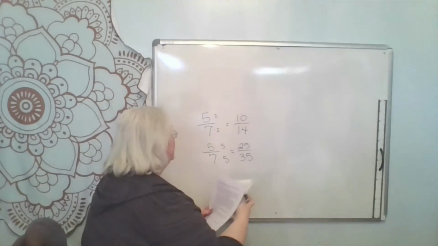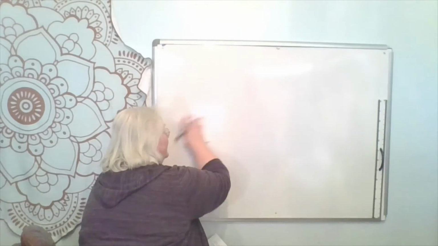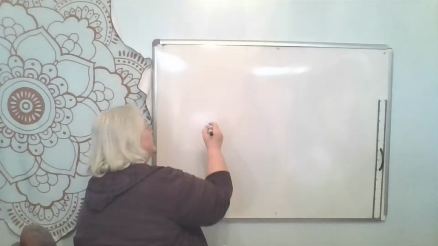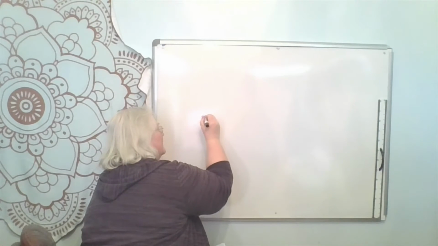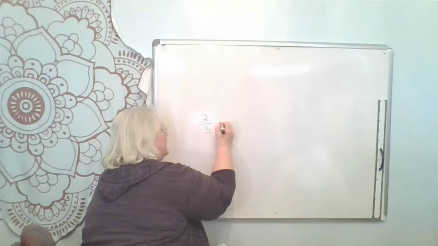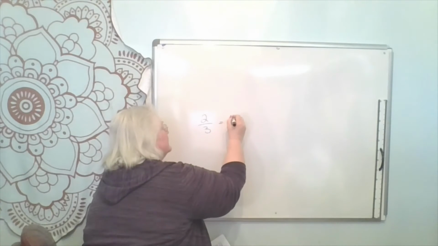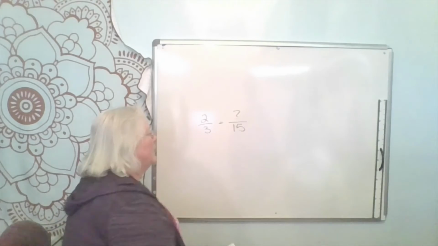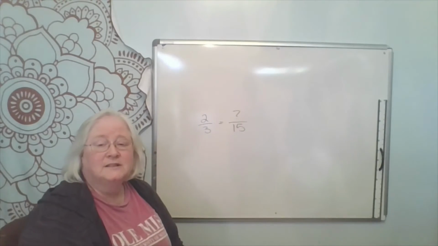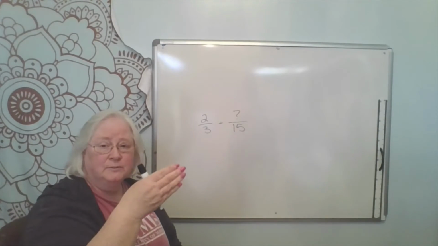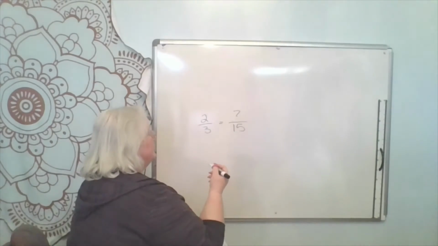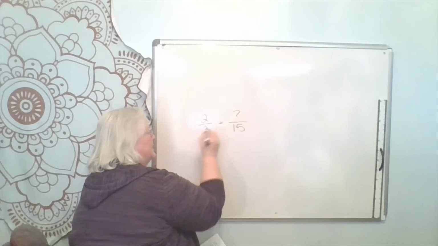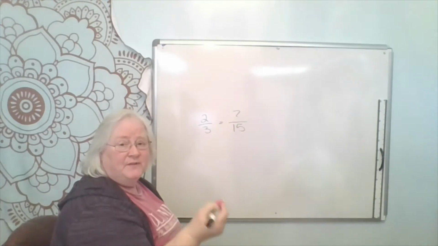Now, sometimes, and you will see this a lot in a lesson, you will see a problem like this. 2/3 equals something over 15. And you'll usually see a question mark on top. And so you have to find what that question mark is. And so what you're going to do is you're going to say 3 times what? 3 times what gives me 15?